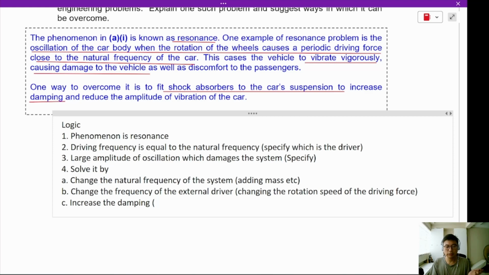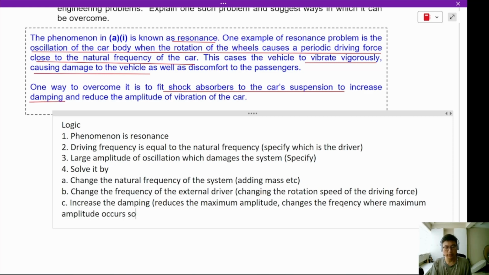Alright, so this would reduce the amplitude, and also it changes the frequency where maximum amplitude occurs, so that it does not coincide with the driving frequency.